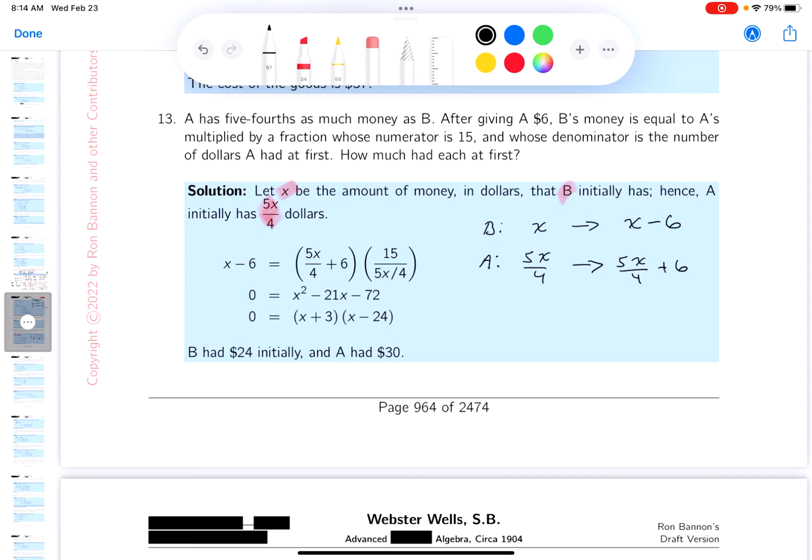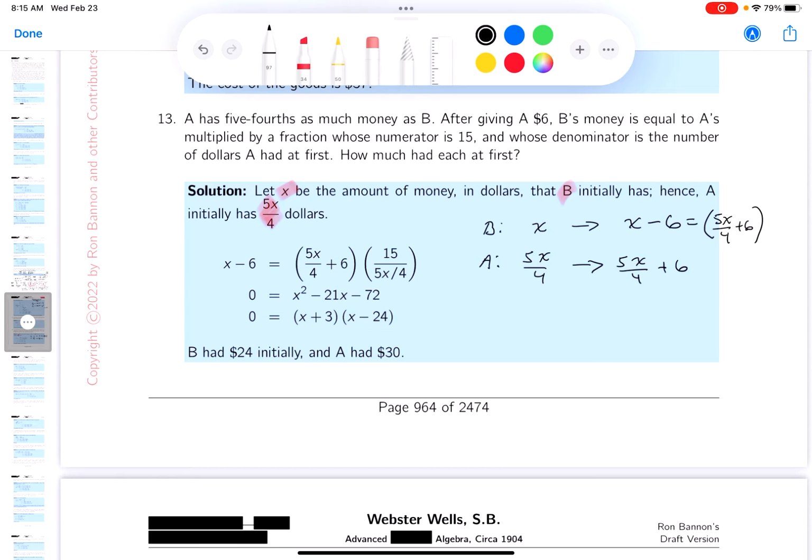All right, let's read that again. After giving A $6, B's money is equal to A's. Well, what's A's money? It's 5x/4 plus 6, right? I got to read it again. After giving A $6, B's money is equal to A's multiplied by a fraction whose numerator is 15.